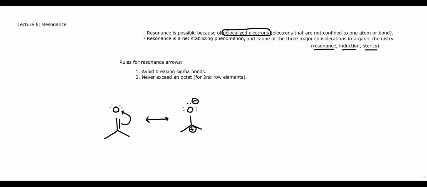We are not breaking a single bond, and we're not exceeding an octet for oxygen or carbon. Oxygen still has 8 electrons. It has 3 lone pairs and a bond. And this carbon down here has 6 electrons, which is okay. Carbon, you can have 6 electrons. It'll be a carbocation, and that's just fine. Okay. So these are 2 resonance structures of each other.